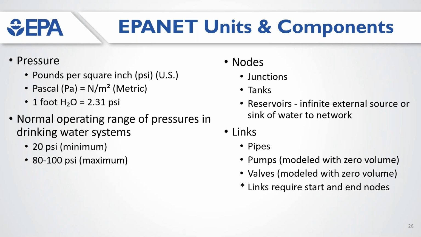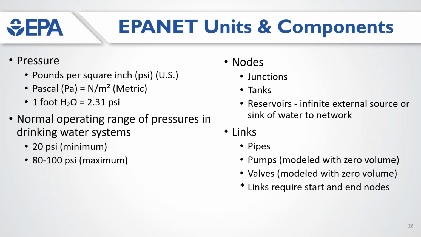And so a little bit more about the components and how we call them within EPANET. There are nodes in the system in EPANET, and these represent junctions, tanks, and reservoirs. Please note that reservoirs are nodes with an infinite internal sink or source of water. So this is basically where you would model information about your treatment plant. You would typically use a reservoir for that.